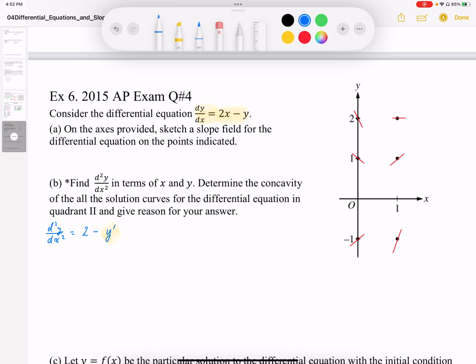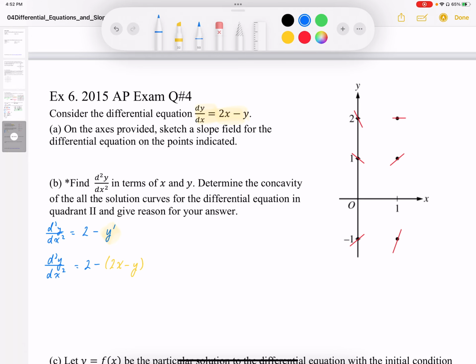So when we do that, we get d squared y over dx all squared. It's going to be equal to 2 minus, and instead of y prime, I'm going to replace that with 2x minus y. And so that represents my second derivative.